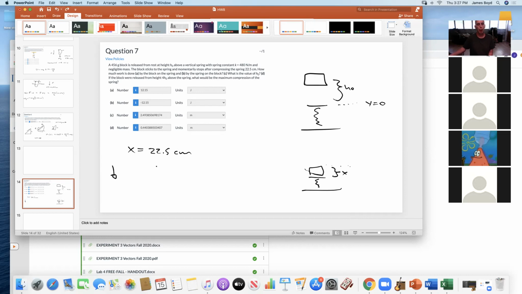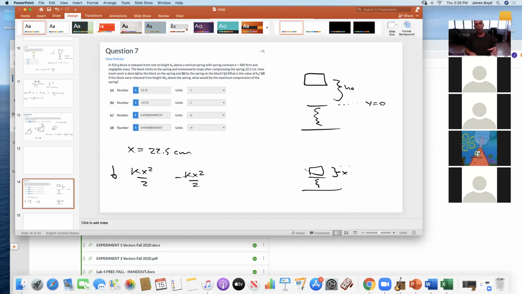The block pushed it down, but it's kx squared over 2, positive. It pushed down on the spring, kx squared over 2. The work done by the spring on the block was kx squared over 2 with a minus sign. It took energy away from the block.